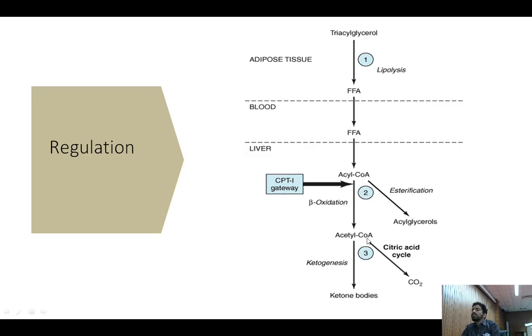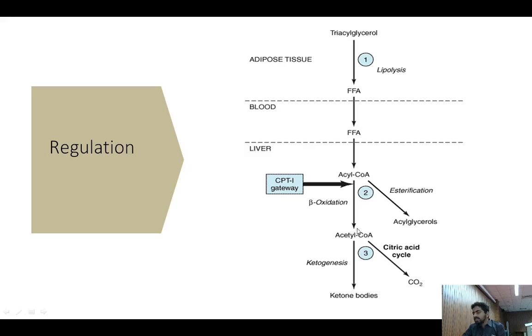So now, depending on the condition, whether excess carbohydrate is present, excess malonyl coenzyme A is present, or excess acetyl coenzyme A is present, and what the situation is with hormones like insulin or glucagon, this acyl coenzyme A can either be esterified to acylglycerol, meaning triacylglycerol, or it will undergo beta oxidation.